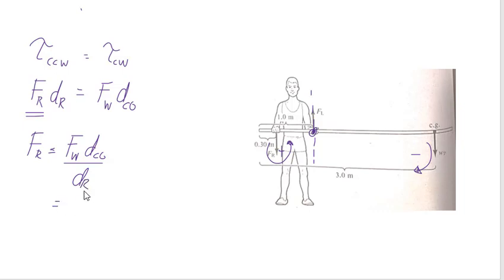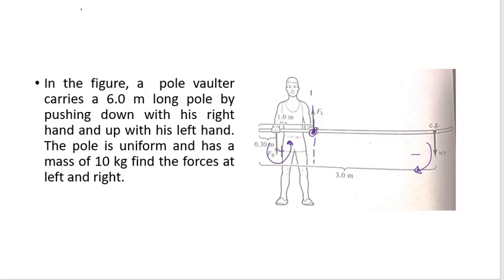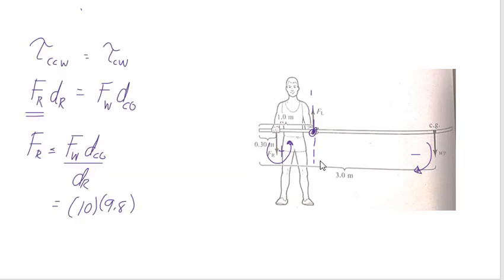So let's substitute everything now. The weight of the pole is 10 kilograms, so that's 10 times 9.8. Its center of gravity from the axis of rotation is not 3 meters, but 3 minus 1 meter, so that is only 2 meters.